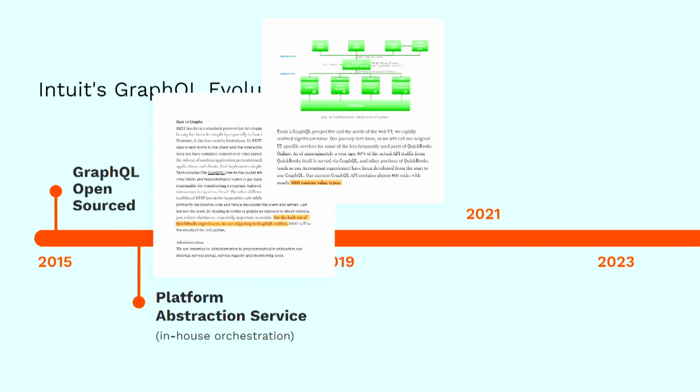Okay. GraphQL and the Platform Abstraction Service grew in popularity within Intuit, and many teams adopted it. So the moment it goes beyond a particular team or a business unit, there would be additional use cases that come in, and the newer teams had found certain limitations with the way Platform Abstraction Service was registering the subgraph schemas, and they had their additional use cases.